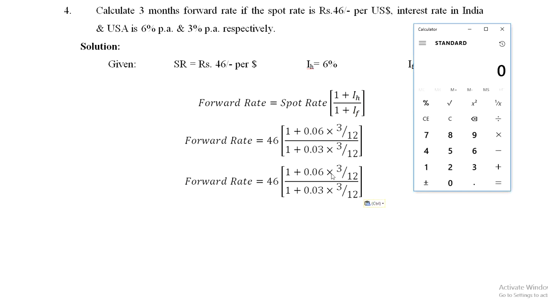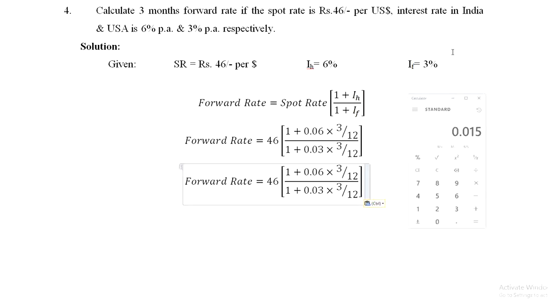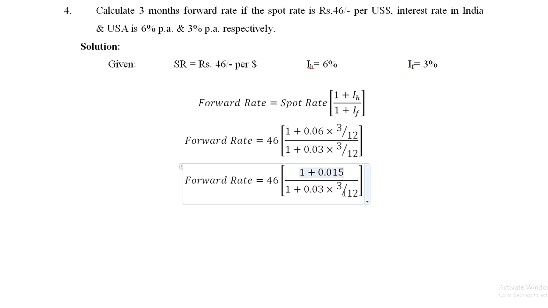First you multiply: 0.06 into 3 divided by 12 ends up with 0.015.